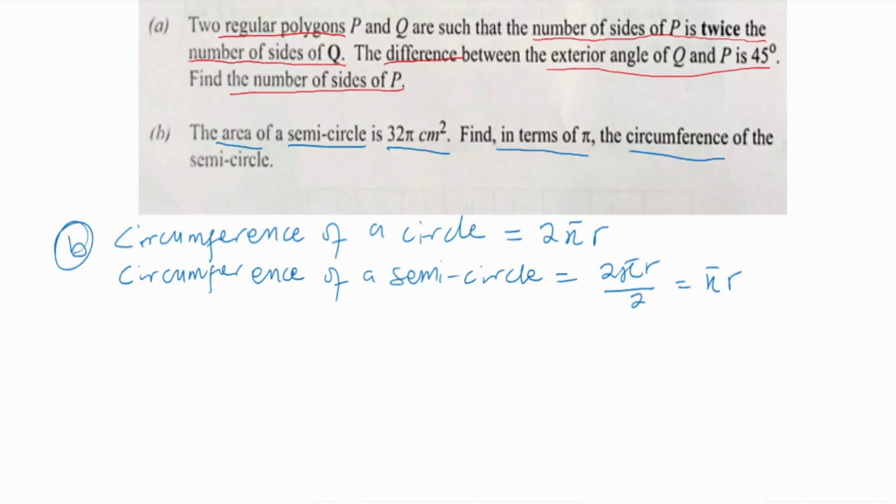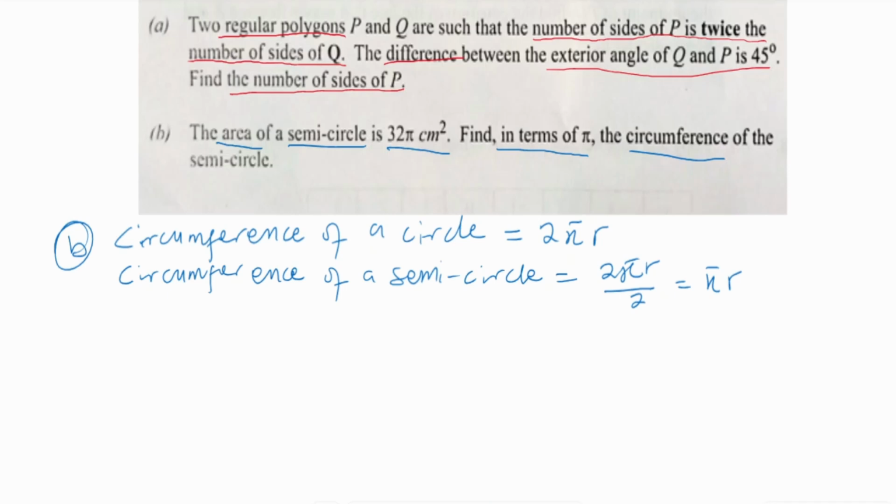So what we simply need is the radius of the circle to be able to find the circumference. But clearly the radius of the circle is not given in the problem. And as I normally say in my videos, in math, we use what we've been given, or we start with what we've been given, right?